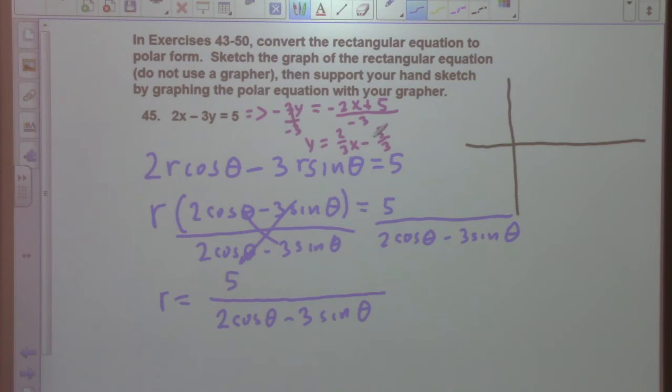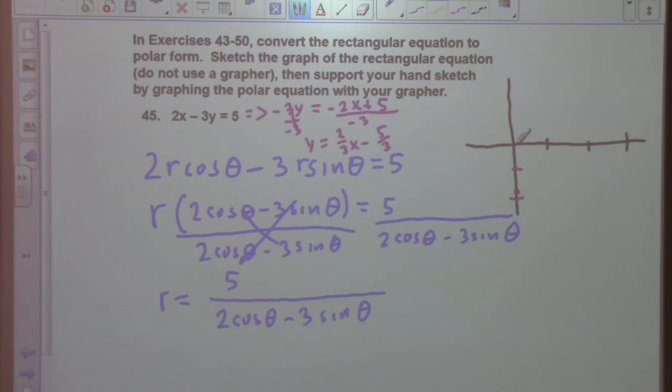And so negative 5/3 is our y-intercept right here. So I'll mark that right here. There's our y-intercept. And then 1, 2, 3. And then we have our slope of this is 2/3, right?